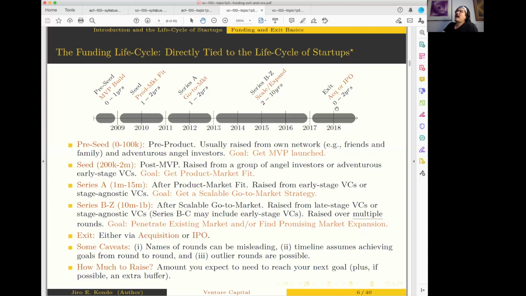But after you're done with your VC-like investment rounds, you've moved beyond VC-like investment, which basically happens once you have an exit event, right? An exit event can usually be classified either as an acquisition or an IPO. And it's really this exit event that, loosely speaking, provides the financial payout to the investors of the company. Whether it provides it right away or with a little bit of a lag is an open question, right?